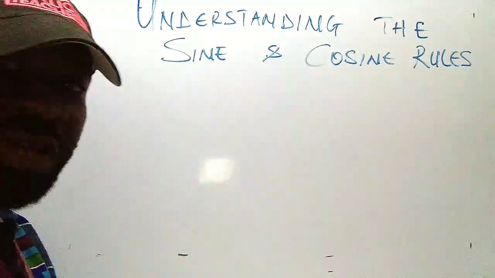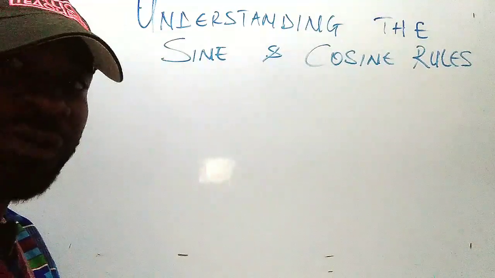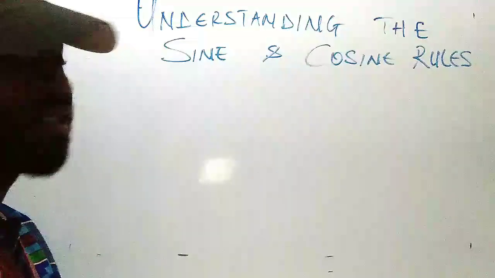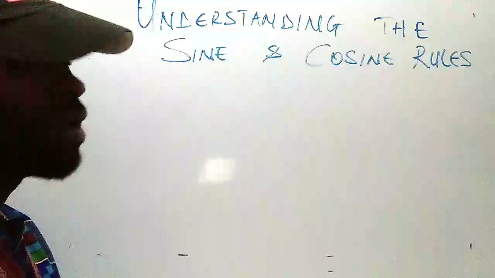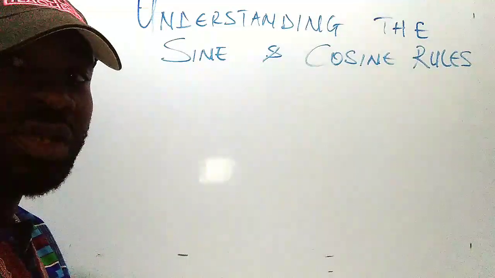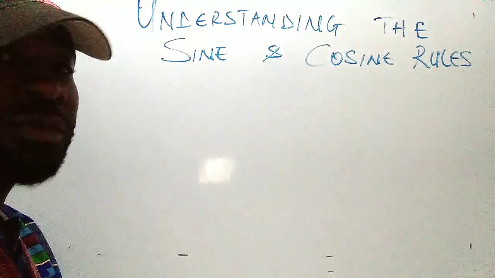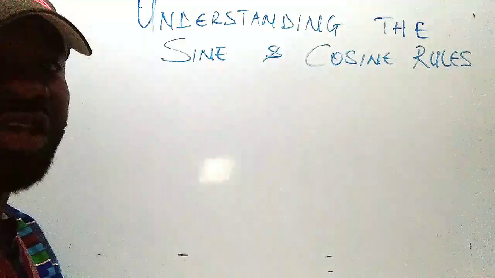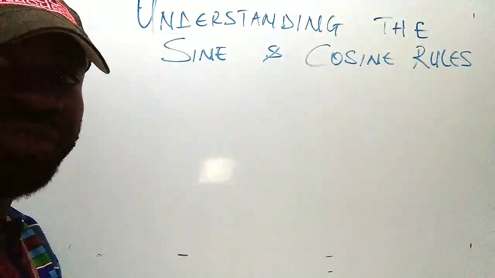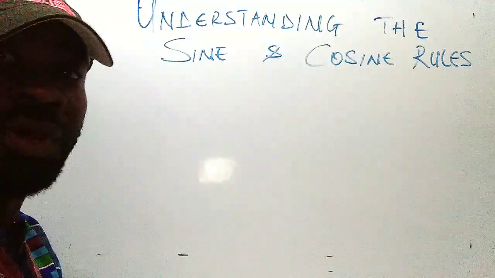Now, today we are going to look at a very important subtopic on bearing, and that is understanding the sine and the cosine rule. Most of the time, when we are faced with problems on bearing, it often leads us to a triangle or sometimes a quadrilateral, but mostly a triangular shape.